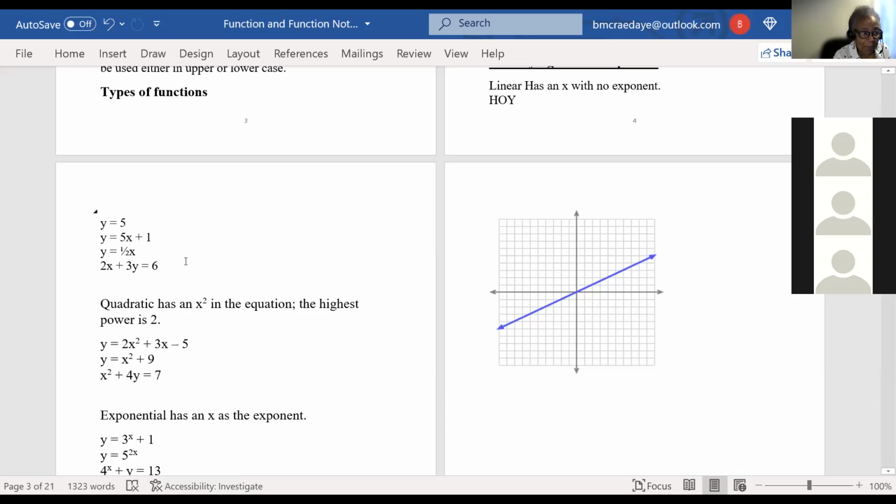But if you had x equal to a constant, that's a vertical line. Your slope is undefined. You can remember that one as VUX: Vertical, Undefined, on the X line.